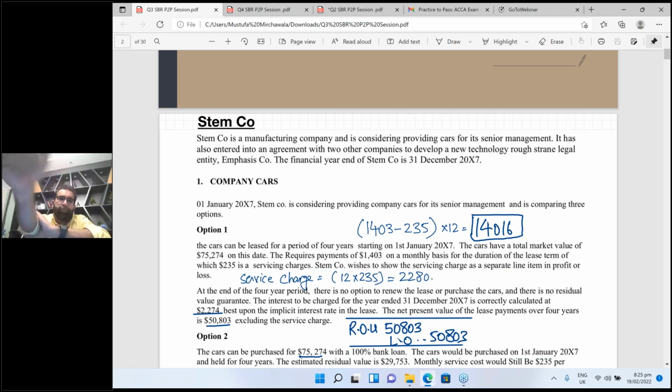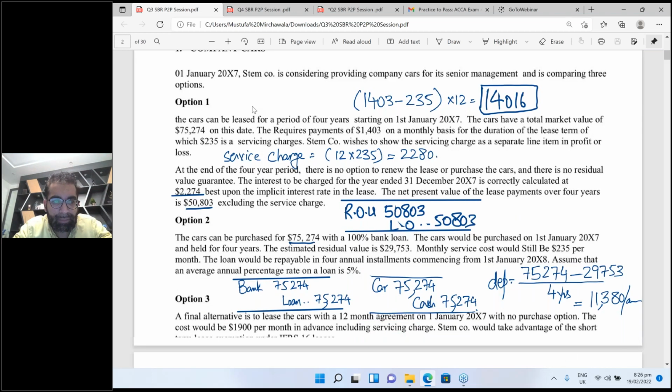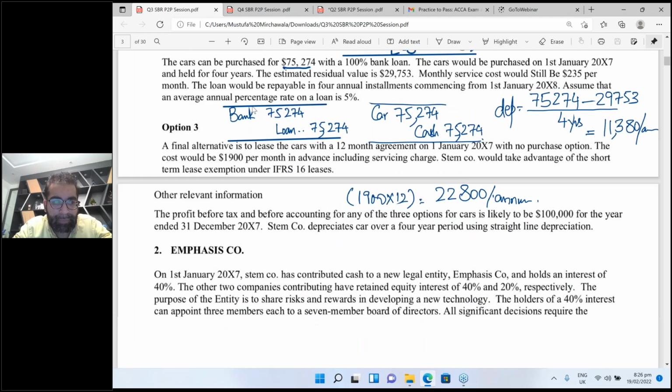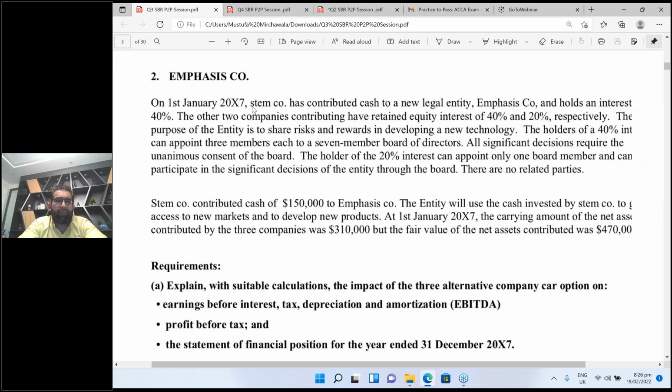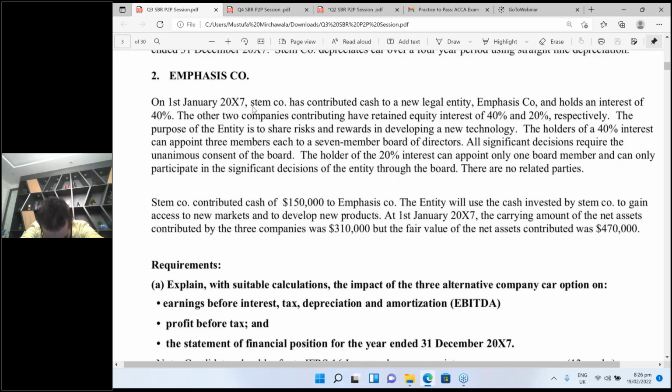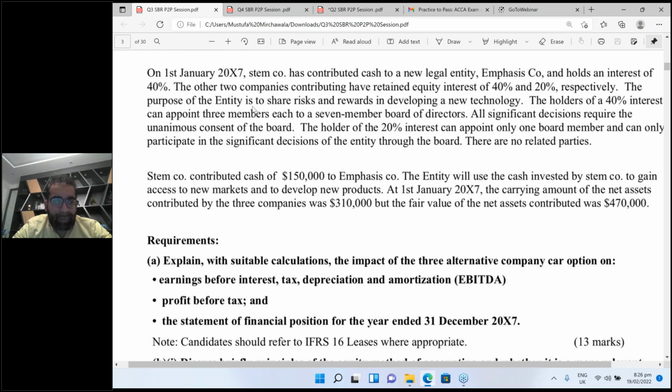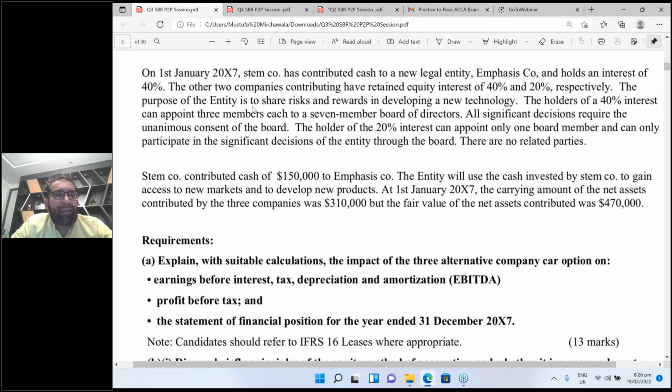Now, first of all, check the requirement of the first question. Explain with suitable calculations the impact of the three alternative company car options on earnings before interest and tax, EBITDA, profit before tax, and the statement of financial position for the year ended.